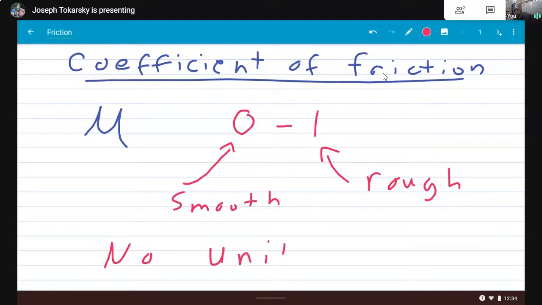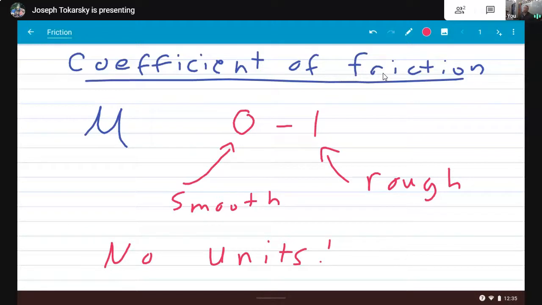One of the reasons why, without getting too mathematical here, is because you can think of it like a scaled value. Like let's say on a scale of 0 to 1, how rough or smooth are two surfaces when they're in contact. So that's more like an idea of a scaled value, not a physical unit like we're used to.